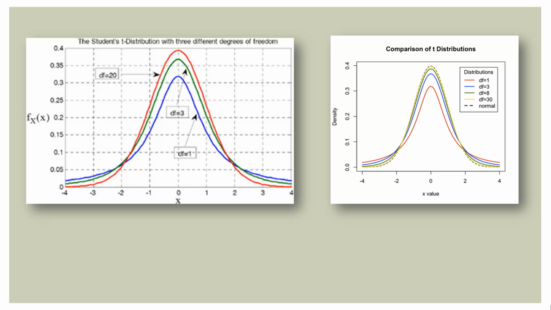So it's quite tall in the middle. The tails are quite low in the ends. And now here's the interesting thing. Look at the dotted line, or the dashed line. That's our normal curve, our z distribution, our standard normal distribution. Now what do you notice about the yellow line and the dashed line?